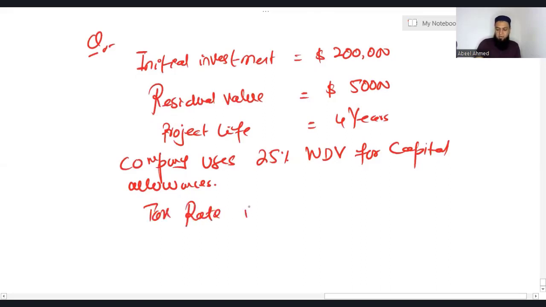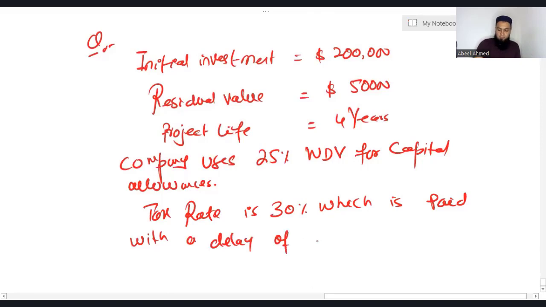Tax rate is 30%, which is paid with a delay of 1 year. We are not paying the tax in the same year. We are paying the tax with a delay of 1 year. It means tax of T1 will be paid in T2 and tax of T2 will be paid in T3.